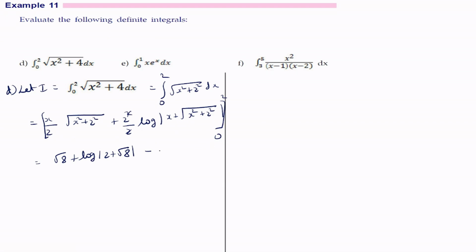So here it will be 0 minus, here there is 1 by 2, log of 0 plus root of 0 plus 2 square, so it is log 2. So this is root 8 plus 2 into log of 2 plus root 8, which is 2 root 2, minus 2 log 2.